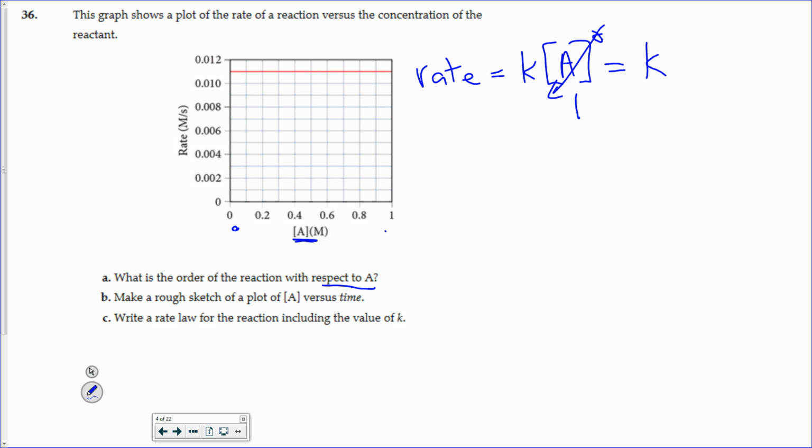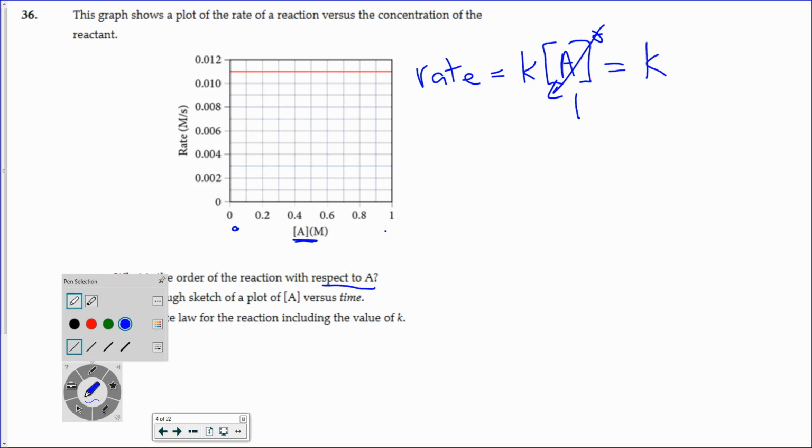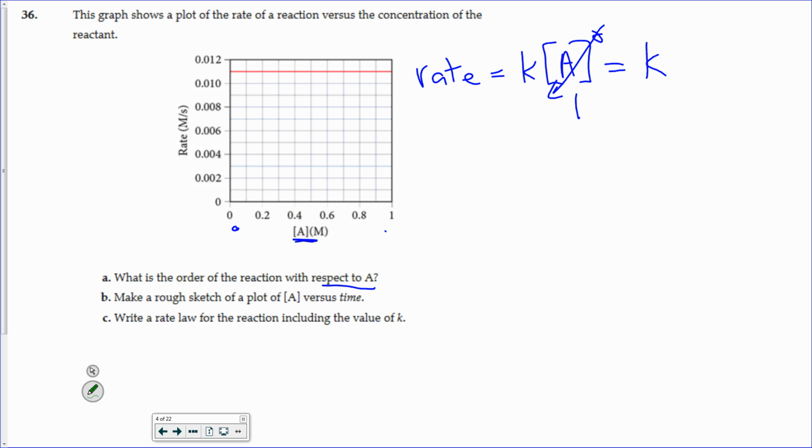All right, B says make a rough sketch of what would happen to A versus time. So if we look at the concentration of A versus time, you could start at any concentration, the result's going to be the same.